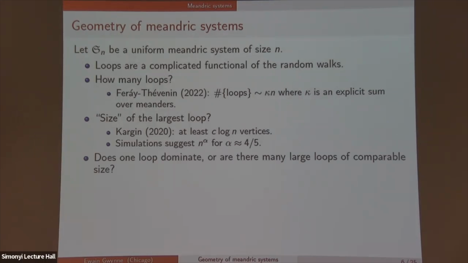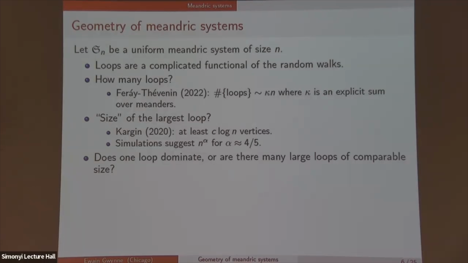All right, a next level question that one can ask after wondering about the size of the largest loop: is there typically just one big loop which dominates in our uniform meandric system, or are there lots of big loops of comparable sizes? Equivalently, is the second largest loop or the third largest loop approximately the same size as the largest loop, or are the sizes decaying pretty rapidly after the biggest loop?